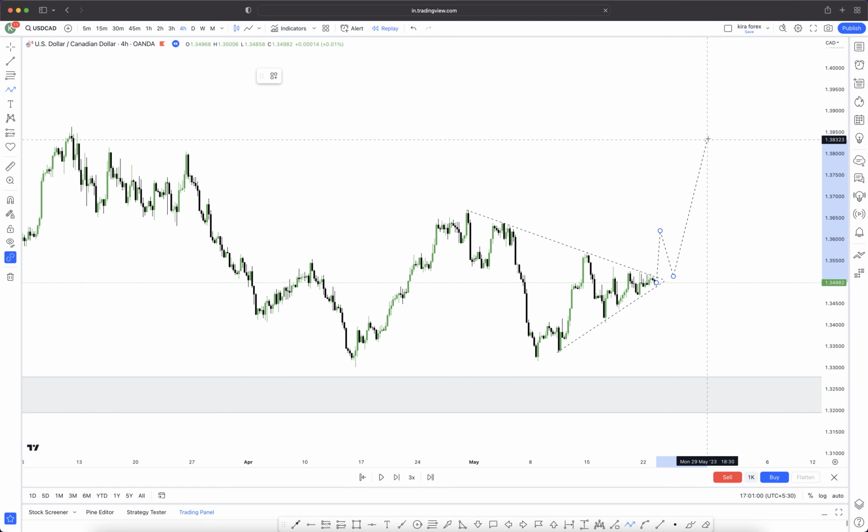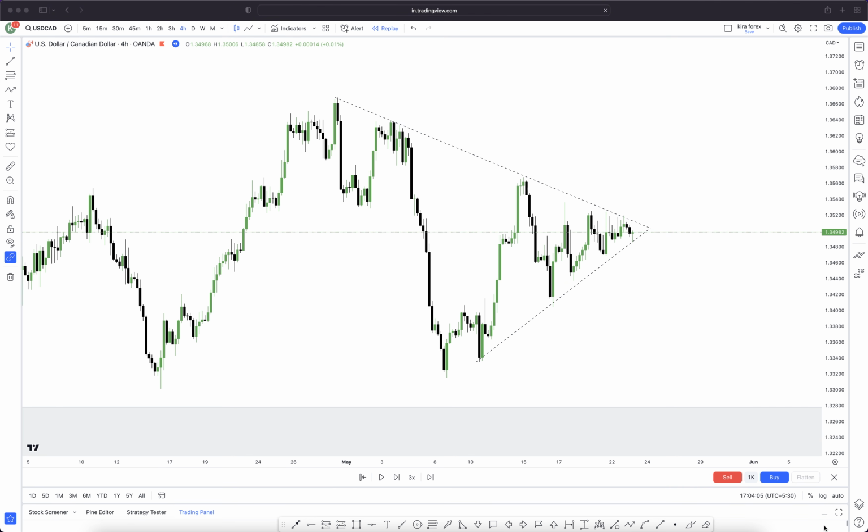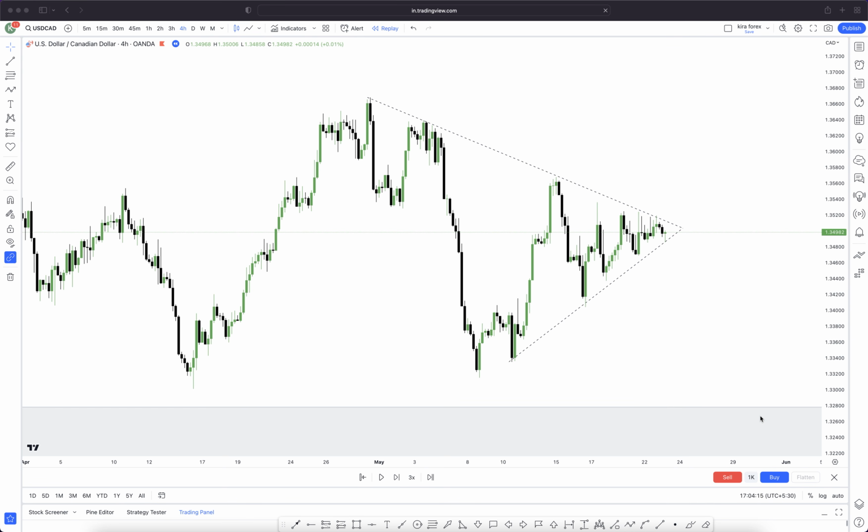With my confirmation, then I enter a buy because I am looking to buy on this pair. So guys, you see, this is very simple top-down analysis. So the next thing I am waiting for at this area is for price to break out and come back for a retest. That is what I am waiting for.